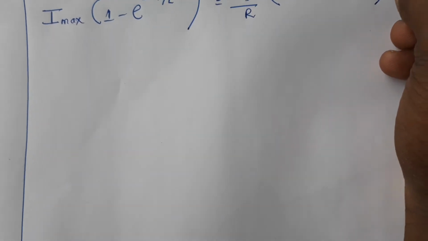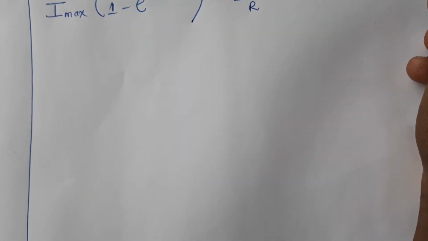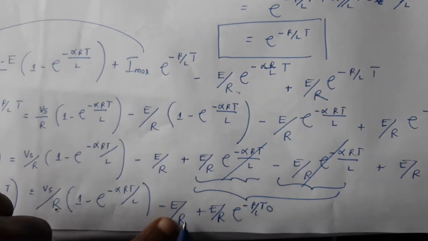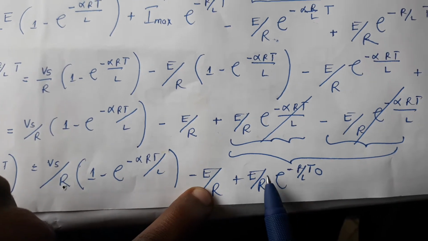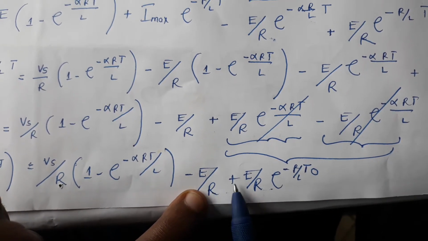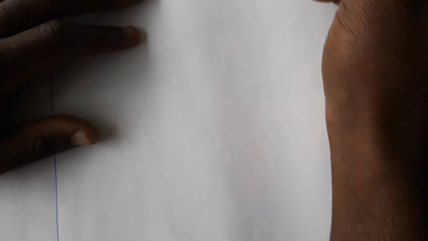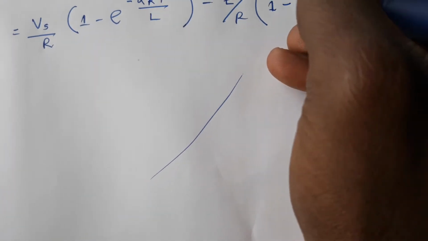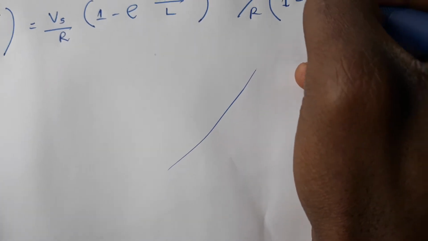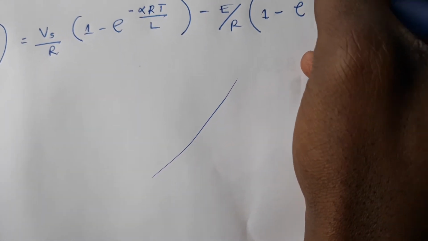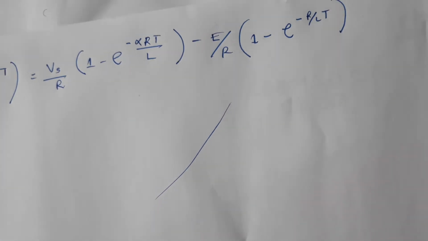Okay, so we can also take out E over R outside. So let me just see this. We can take E over R outside. So we'll have 1 minus exponential, if we take E over R outside and put the remaining brackets, you have 1 minus exponential minus R over LT. Okay?